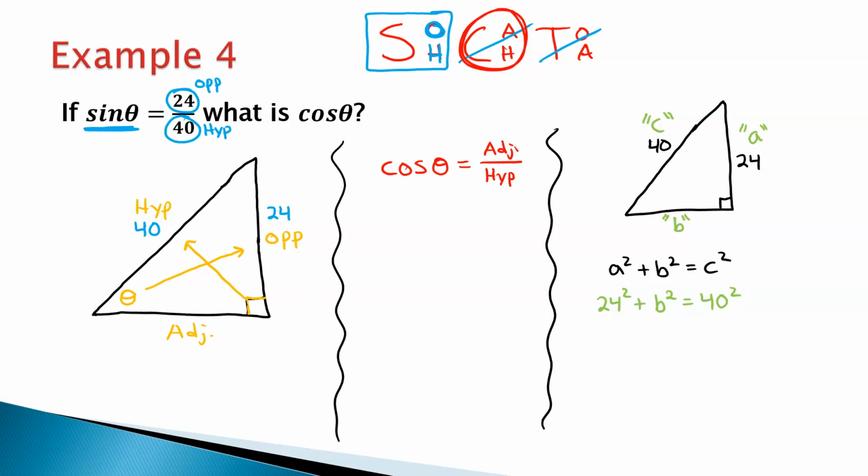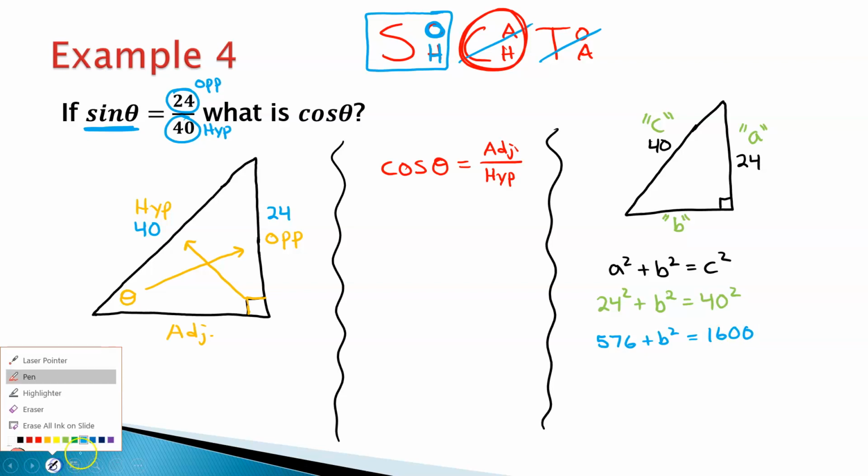All right, let's take out our handy dandy calculator. 24 times 24, 24 to the second power. That gave me 576 plus b squared equals, what is 40 times 40? I think that's 1,600. It is 1,600. It's always nice to double check. All right, great.